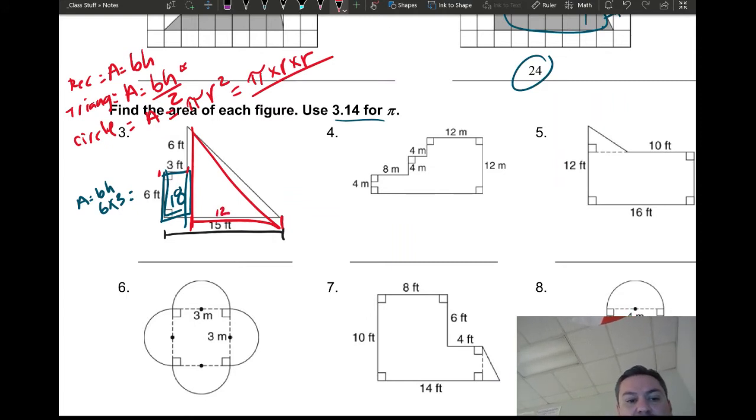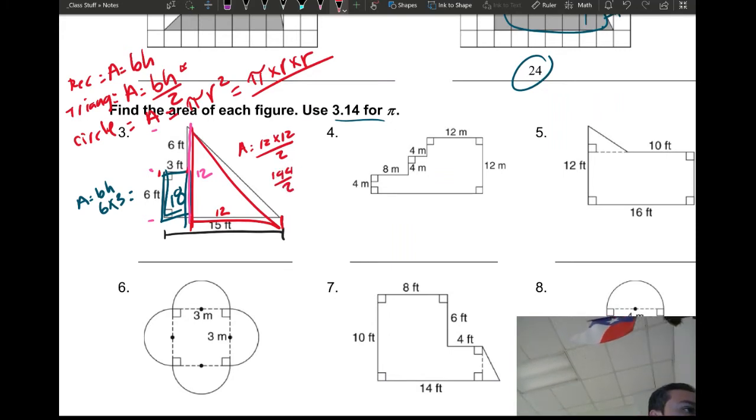The height of the triangle is going to be from here to here. However, we don't have a specific number. We only know from here to here, and then from here to here, 6 and 6, which is also 12. So to find the area, 12 times 12 divided by 2, which is 144 divided by 2.